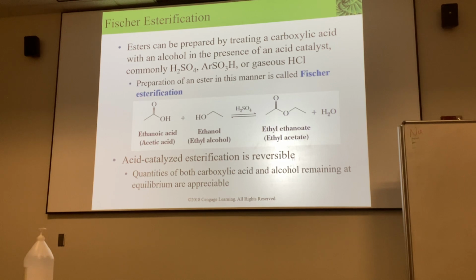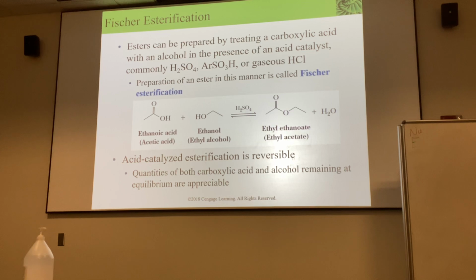So you're going to have some of the carboxylic acid and some of the alcohol remaining. It's reversible, so it hits equilibrium and then it stays at equilibrium. Luckily, ethanol is cheap, like most alcohols, so a lot of times you just use the alcohol that you want as the substituent as your solvent, and then you're already pushing equilibrium as far as you can.